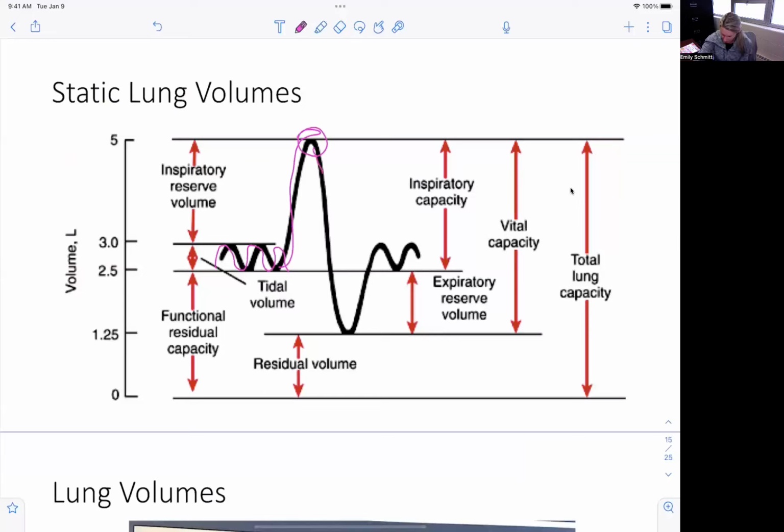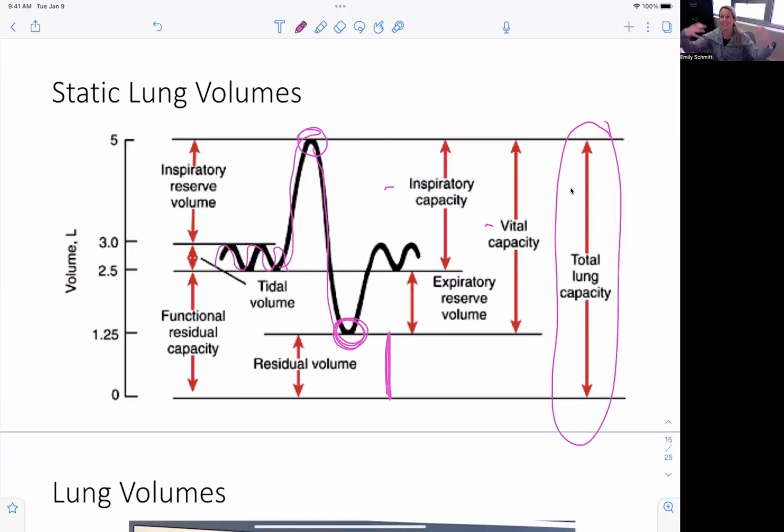When you exhale all of the air out of your lungs, that is down here. The residual volume will be what is left over. We have other terms like the inspiratory capacity, vital capacity. Your total lung capacity is the total capacity of your lungs: inhaling all of that air, filling your lungs with air, and exhaling and releasing all of that air.